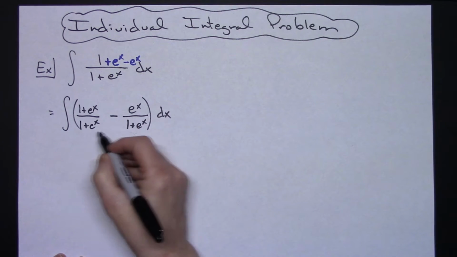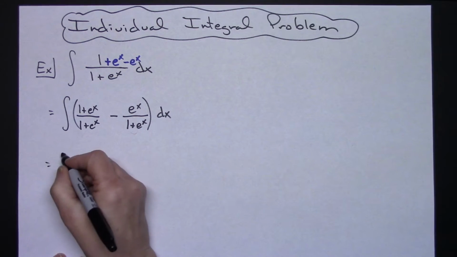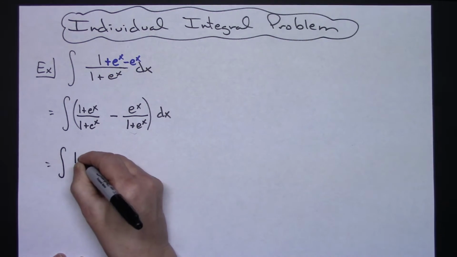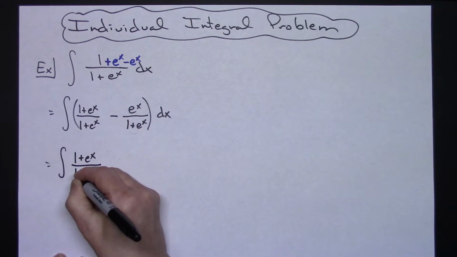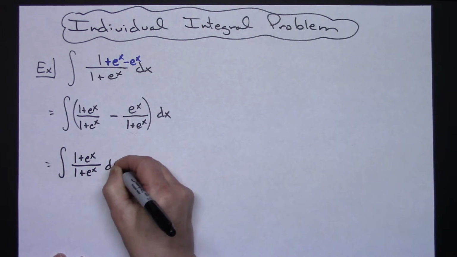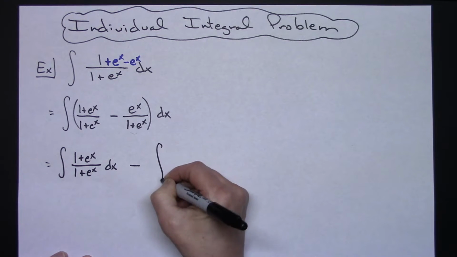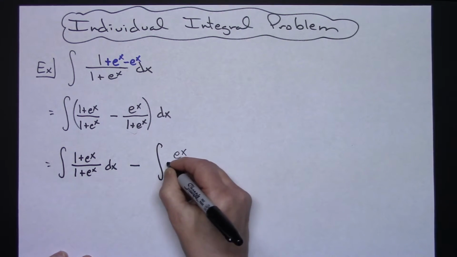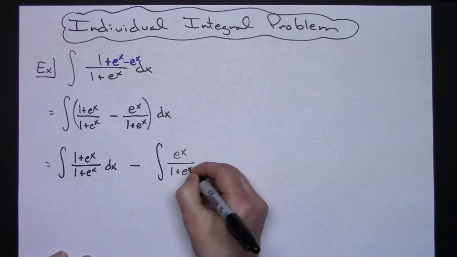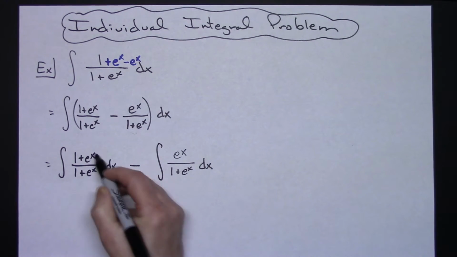Now I'm going to show this as two separate integrals. So I'll have the integral of 1 plus e to the x over 1 plus e to the x dx, minus the integral of e to the x over 1 plus e to the x dx. This is a form of 1.